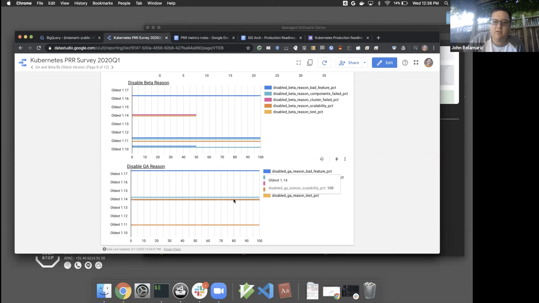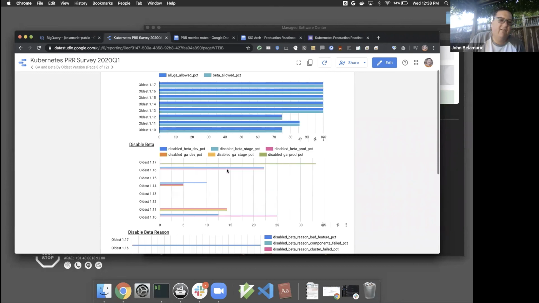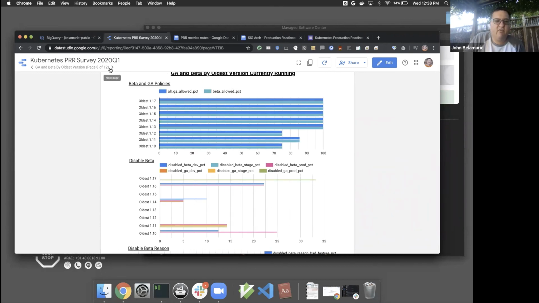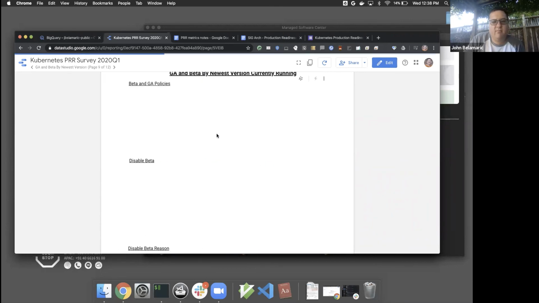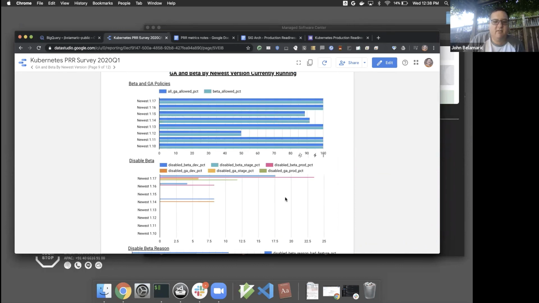Scalability. Component failure, and then a bad feature. I have the same thing with my newest version, but I don't know that it has any. No, maybe the comparison of the two has meaning.